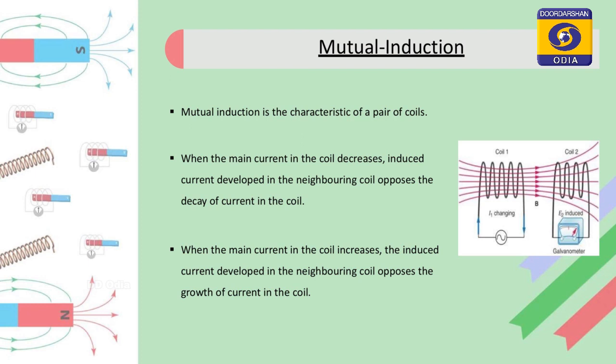Before that, we came to know about self induction. In self induction, self means individual. So when an individual conductor or coil is taken and some current flows and its variation is maintained there, then a current develops there, and that current is known as the induced current, because due to the flow of current there is a change in the magnetic field.